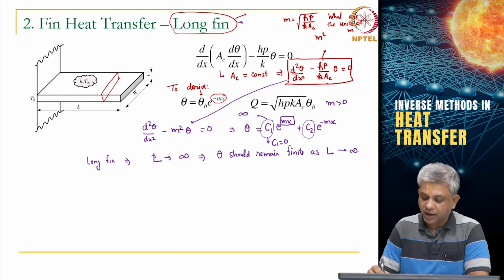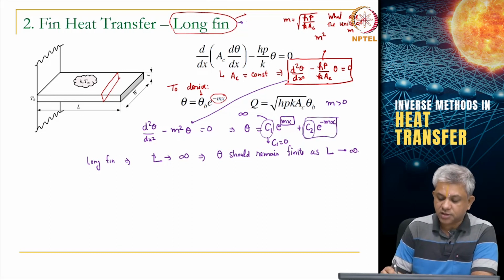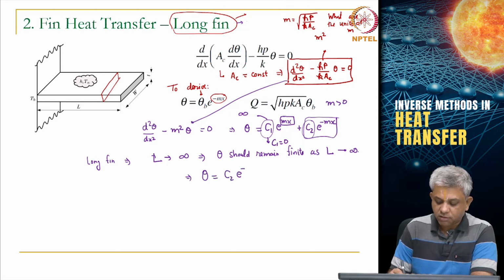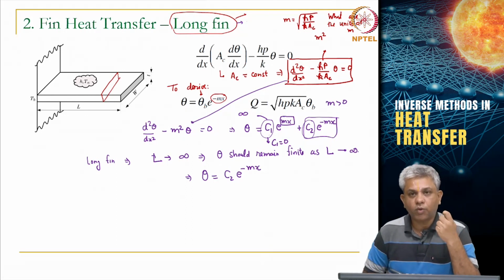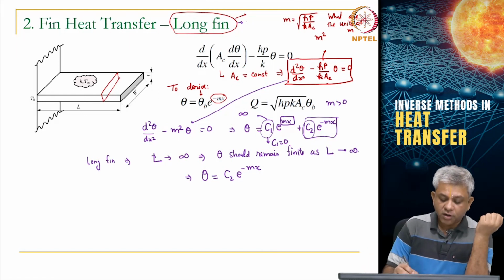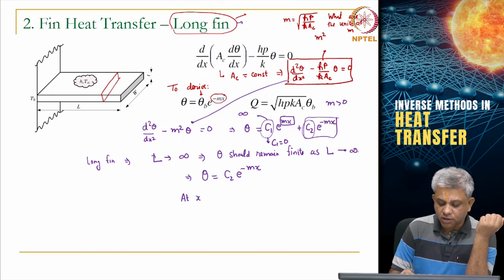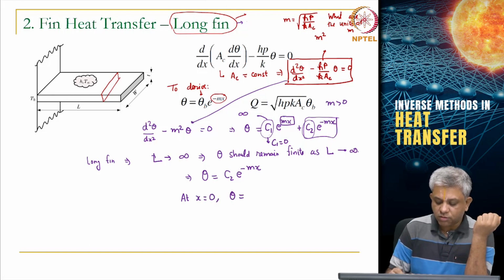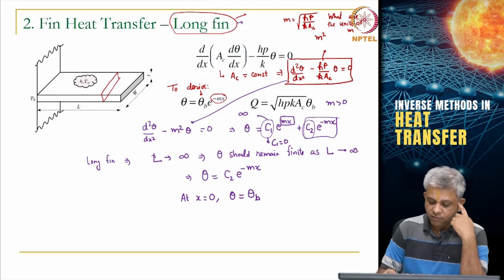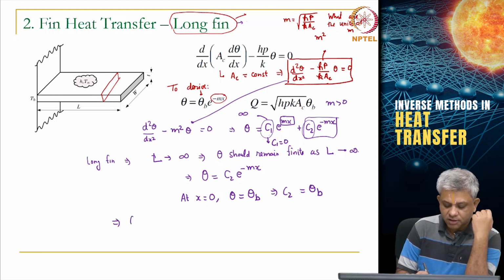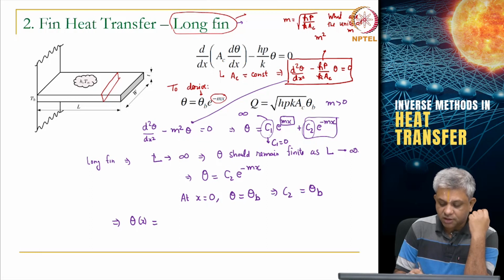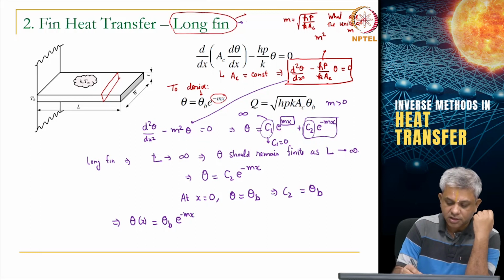We do not want that. So C1 is 0, and we have theta equal to some constant times e to the power minus mx. One constant is eliminated, one still remains. How do we find that out? We know that at x equal to 0, theta should be equal to theta at the base, which means C2 should be theta b. So the temperature deficit is theta b e to the power minus mx. This is just like I said here.